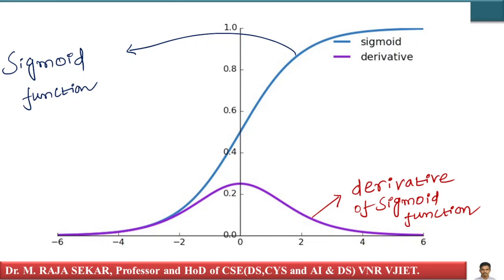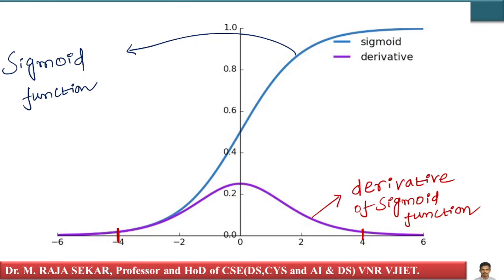If you look at sigmoid somewhere from minus 4 to plus 4, it is growing fairly well, but after that it is growing very, very slowly.